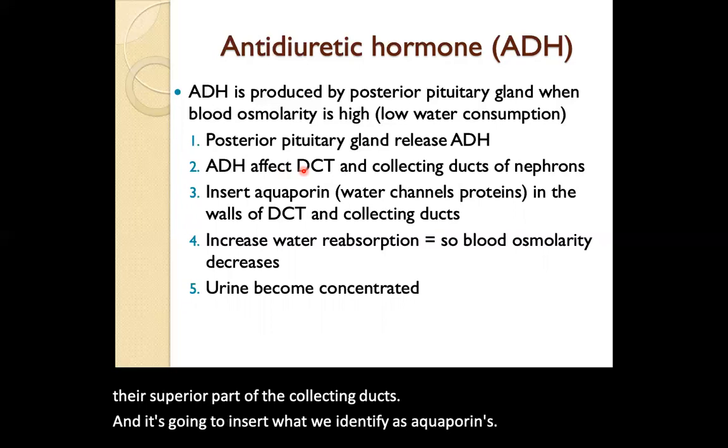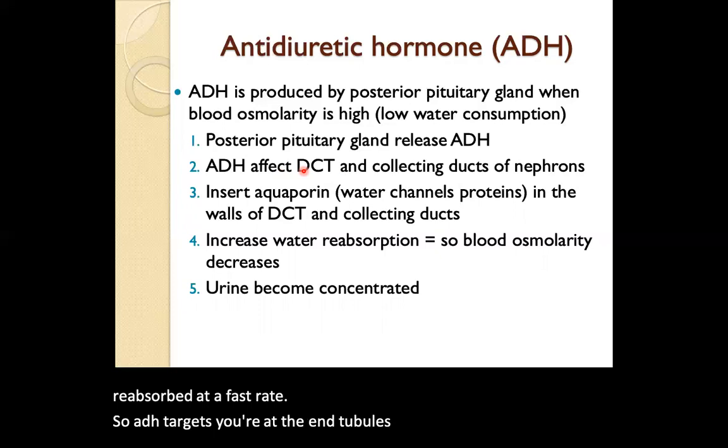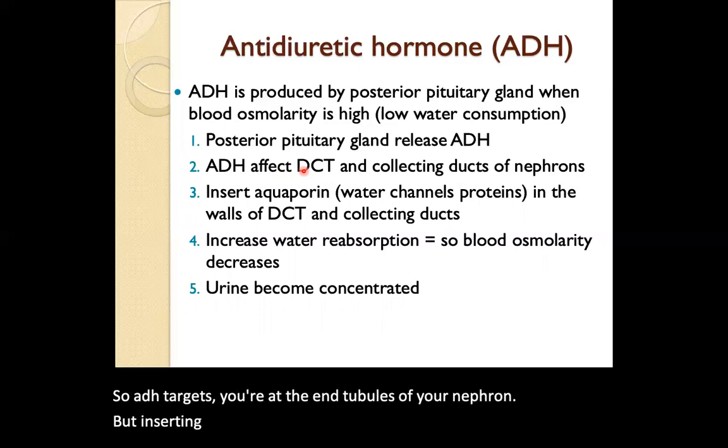The aquaporins are basically proteins that allow the water to be reabsorbed at a fast rate. So ADH targets the end tubules of your nephron, and by inserting aquaporins, it increases water reabsorption.